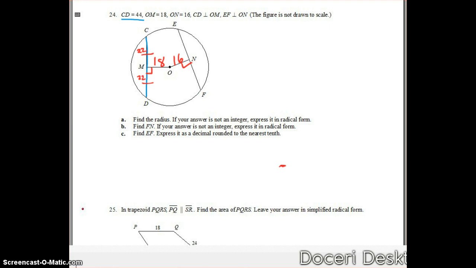The radius is the distance from the center to any point, so I'm going to connect any point on the circle. I'm going to make a segment OD, and that's going to represent my radius, and I'm going to do the Pythagorean theorem to find the radius. So this is for part A. I know that I have two legs, 18 squared plus 22 squared is going to equal r squared.